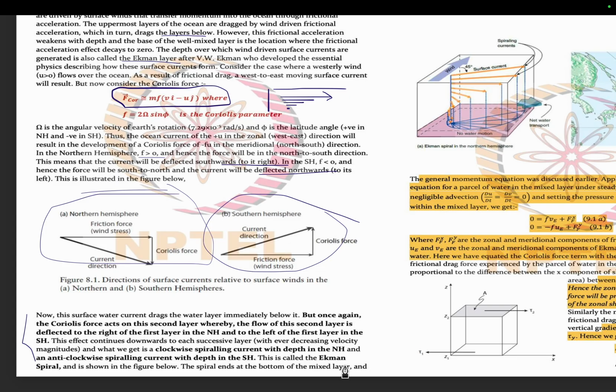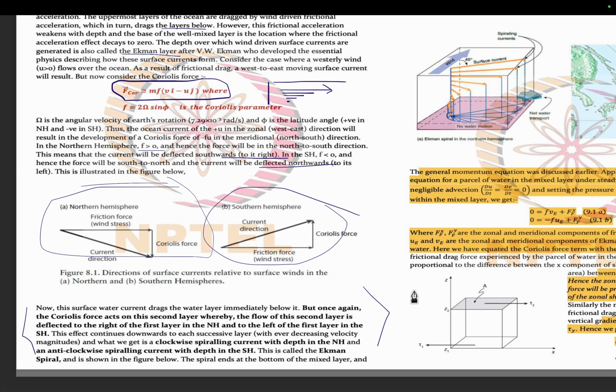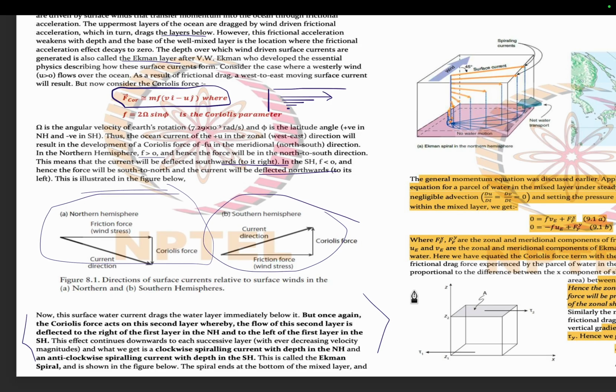This effect will continue downward to each successive layer with decreasing velocity magnitude, and we get a clockwise spiraling current with depth in the northern hemisphere and an anti-clockwise spiraling current with depth in the southern hemisphere. These spirals, which are generated by the drag effect of the atmospheric wind and the Coriolis effect, are known as the Ekman spiral.